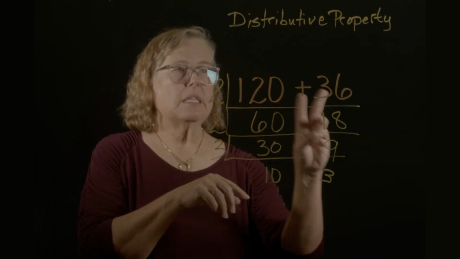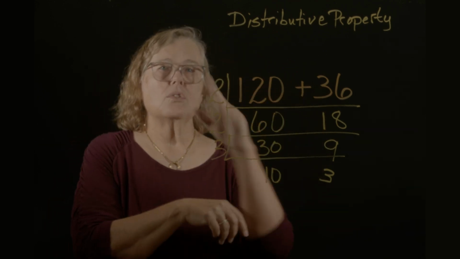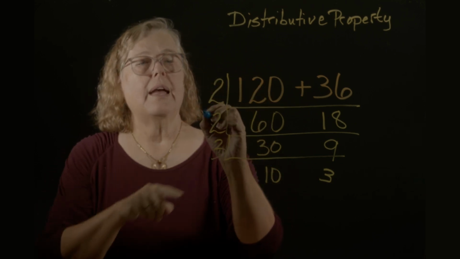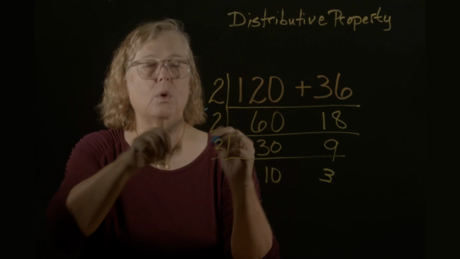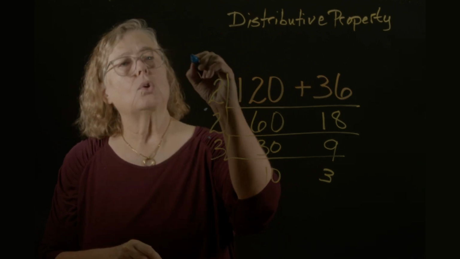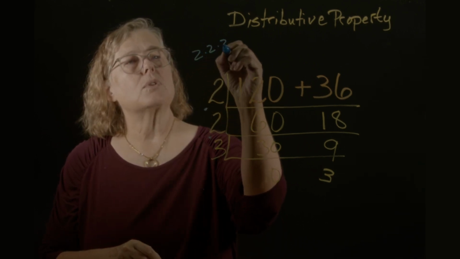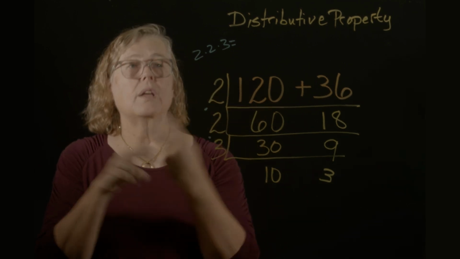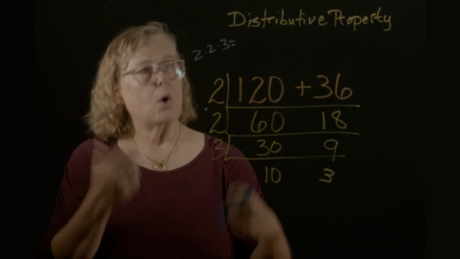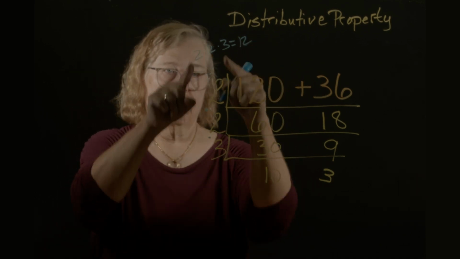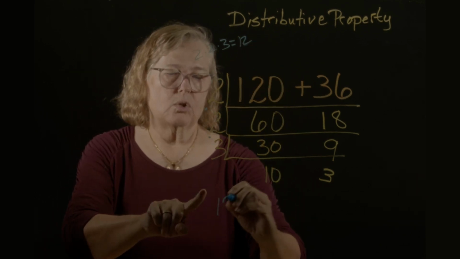So 120 and 36. Let's rewrite this using the distributive property. So remember, we say 2 times 2 times 3. What's that equal? 2 times 2 is 4, times 3 is 12. So we bring it straight down.